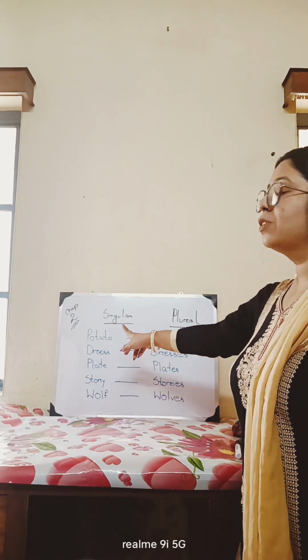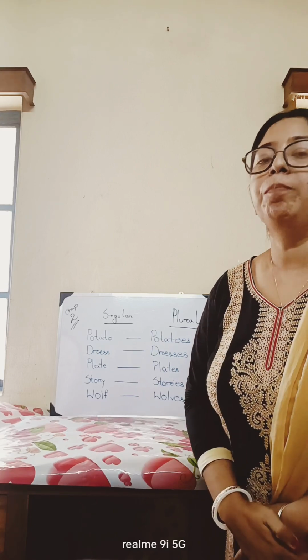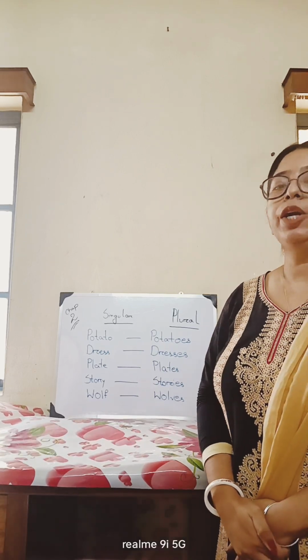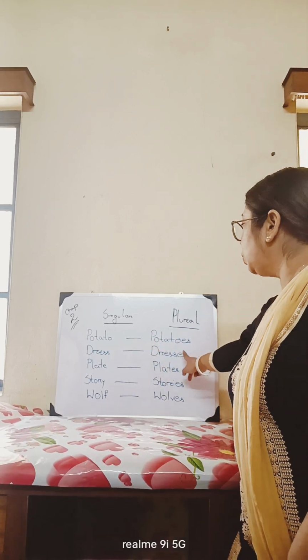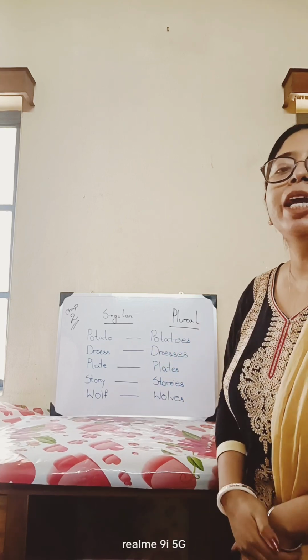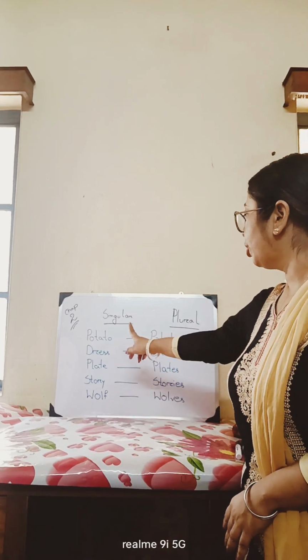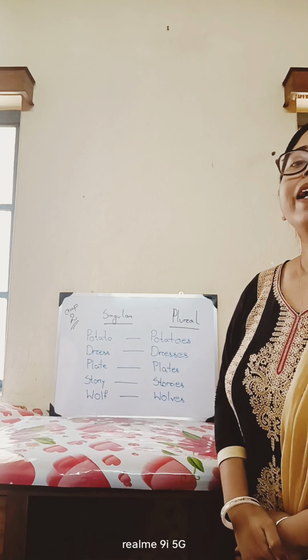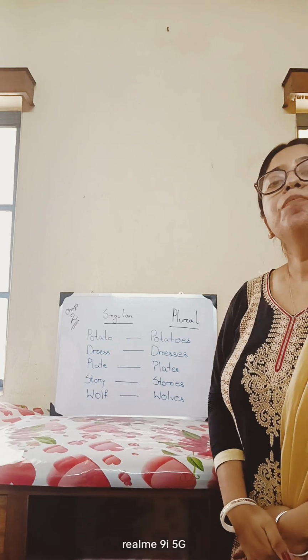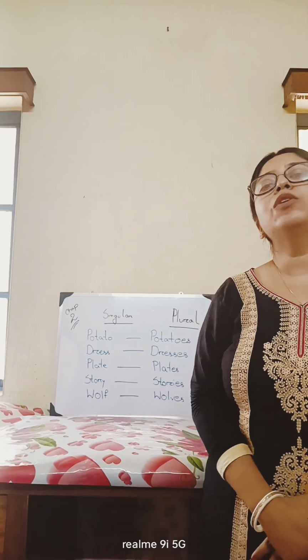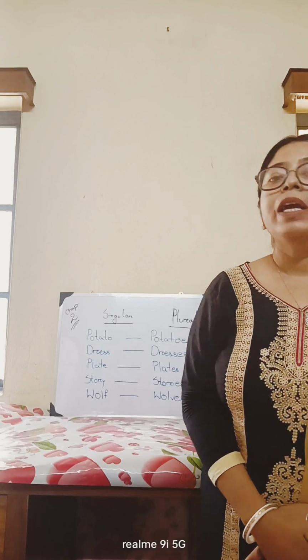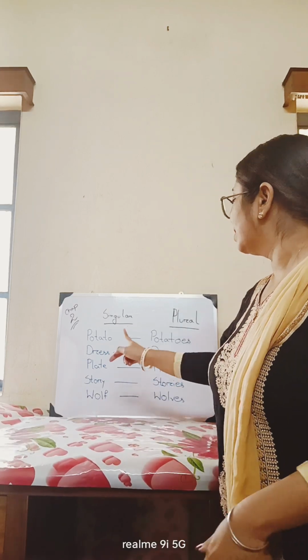First one is potato. The plural form of potato is potatoes, P-O-T-A-T-O-E-S. After potato, we add es to make the plural form. Next one is dress.